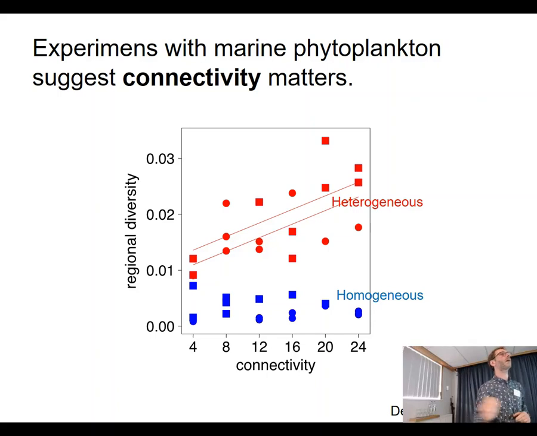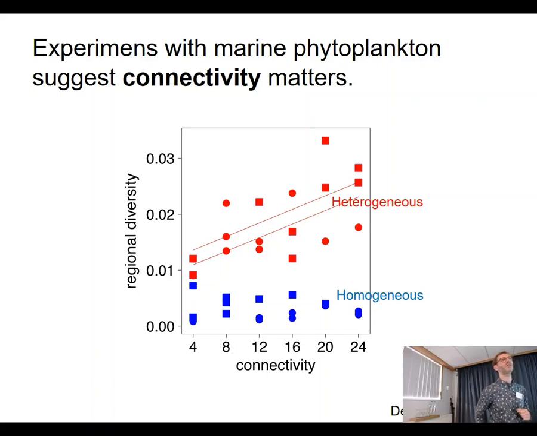And what we found was that first, the heterogeneous landscape had a higher regional diversity than a homogeneous landscape, which is what we already knew or could suspect before. But what was interesting was that in fact the degree of connectivity also mattered a lot, because for more connected landscapes, the difference between heterogeneous and homogeneous was much bigger than when the connectivity was really low.